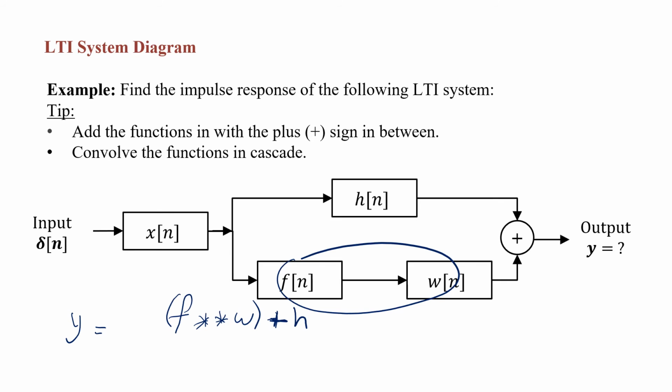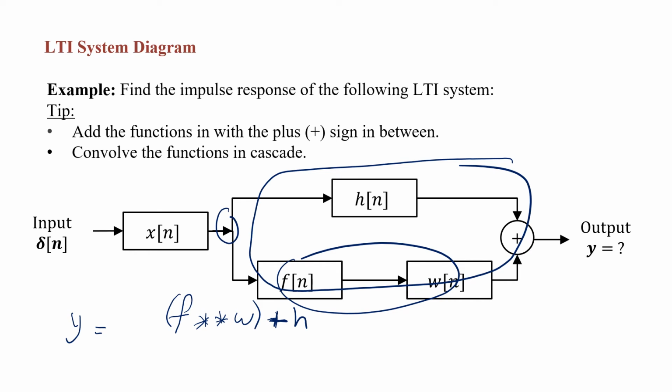Okay, now we took care of the right half of the diagram. The remaining signal is just x by itself, and x is convolved with the right half of the diagram. So I have to put a bracket just to emphasize that I have to perform this addition first before this convolution.